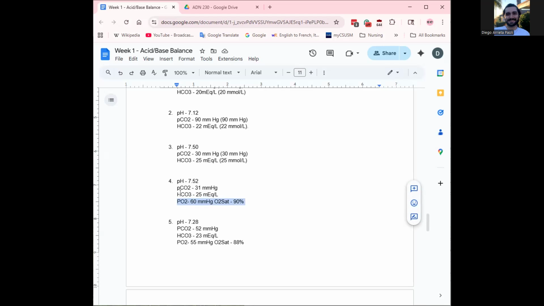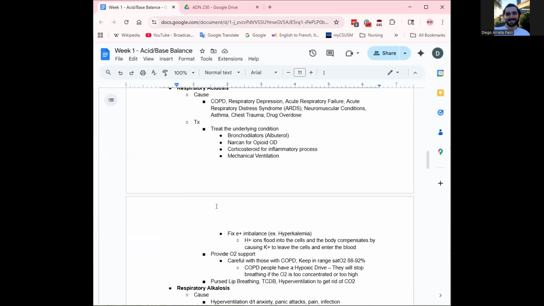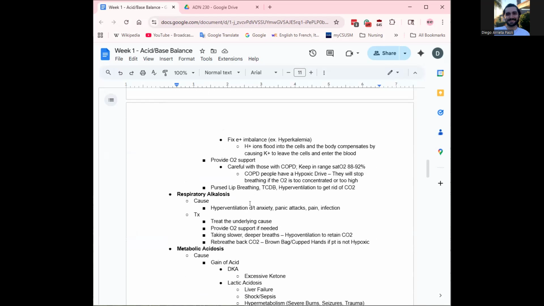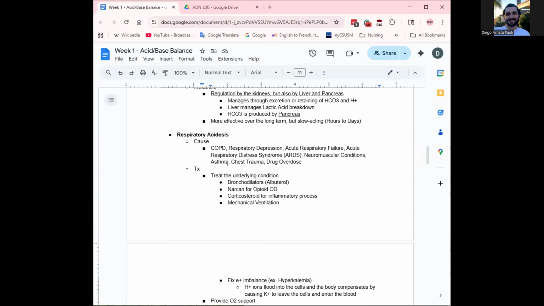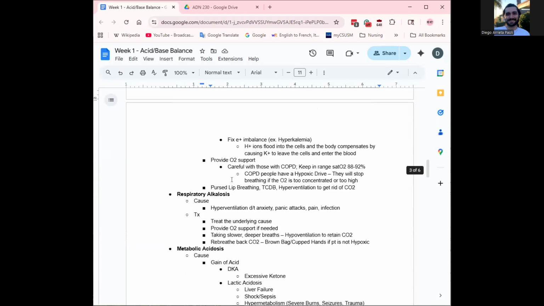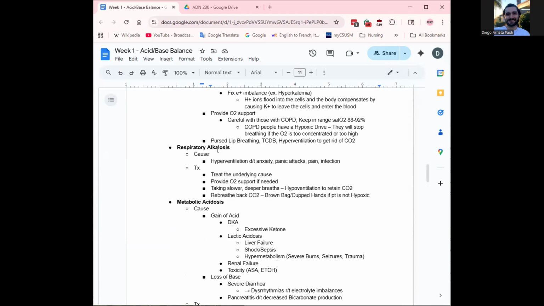Sure. So if you guys recall, we went over this a little bit here. Respiratory alkalosis. We talked about how if the patient is hypoxic, not to do the brown bag or cup hands method. And then I touched upon how sometimes, like when someone's having an asthma attack or their airway starts to close off, they will initially be alkalotic because they're trying to breathe in a lot.